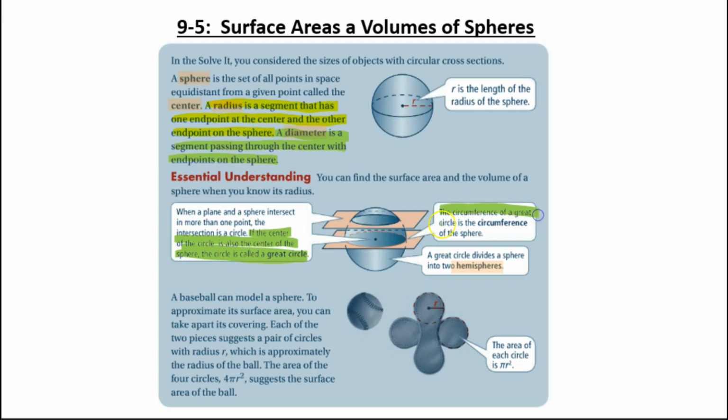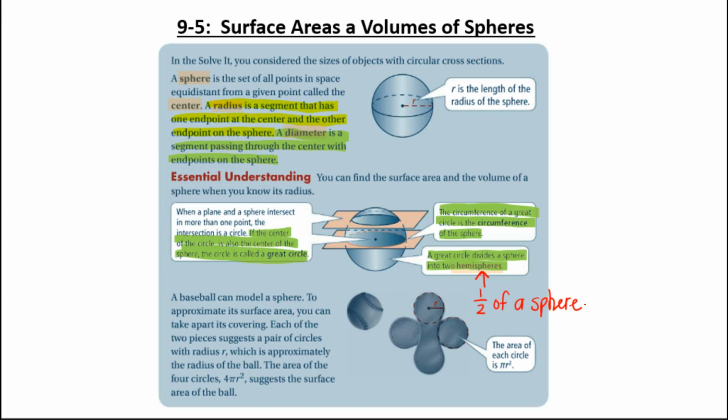The circumference of a great circle is the circumference of the sphere, because that's at the very center. And then a great circle divides a sphere into two hemispheres. A hemisphere is simply 1/2 of a sphere.